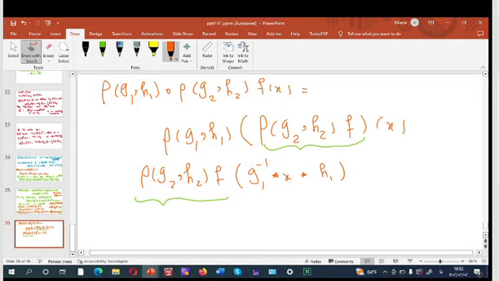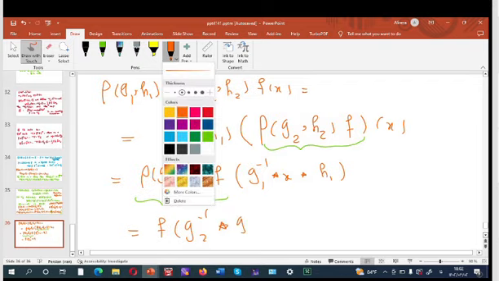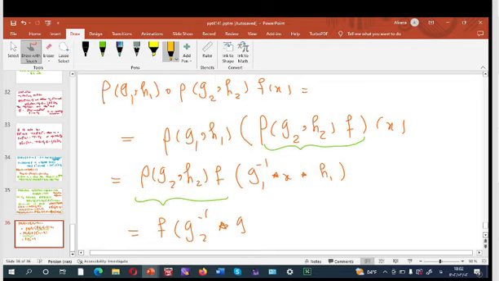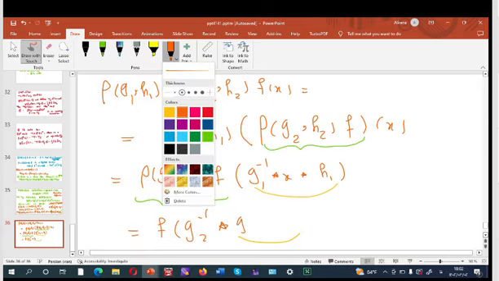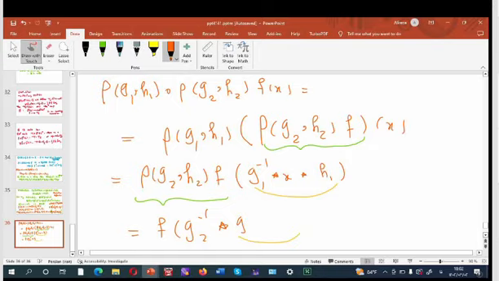Now for this, it is equal to f of the inverse of G2 star this star this. Okay, this is for all elements in X, for example this: G1 inverse star x star H1.